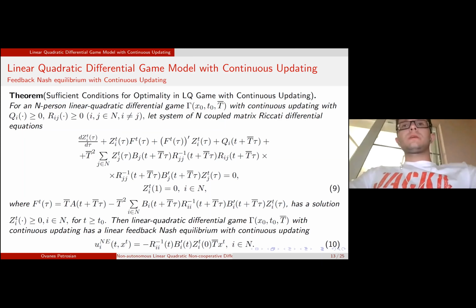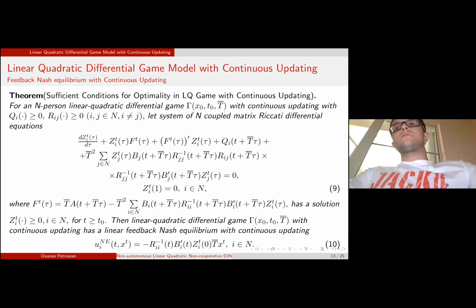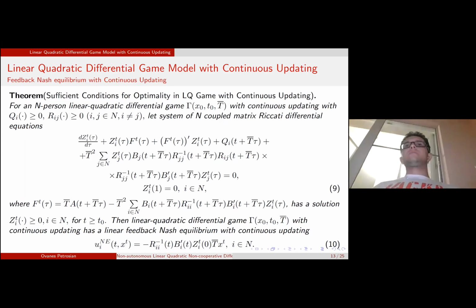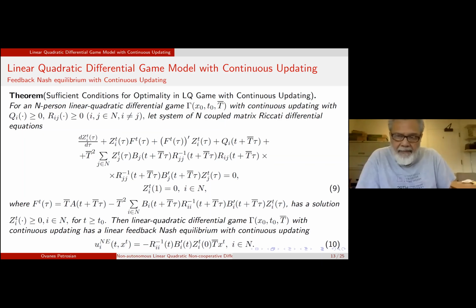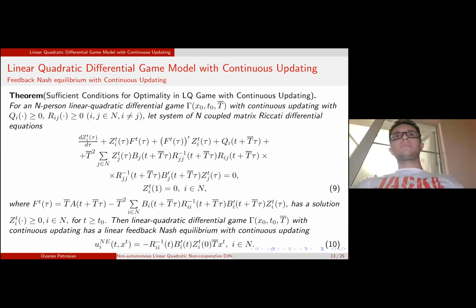The important thing is that the system of Riccati differential equations 9 is defined not for the whole interval in which the game is defined, as it usually is for linear quadratic game models, but for the interval from 0 to 1, or you can say from t to t plus t dash, which already represents all the dynamics in the game.